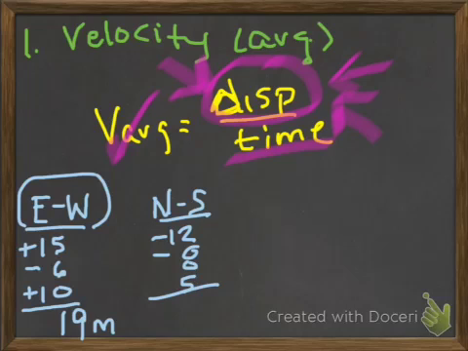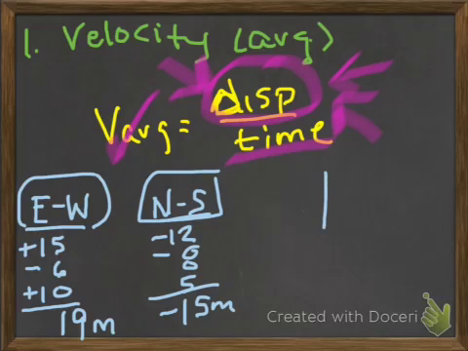This gives us negative 15 meters. Now we can do our vector diagram. We have 15 meters south, and then we have, it looks like, positive 19. 19 meters north.